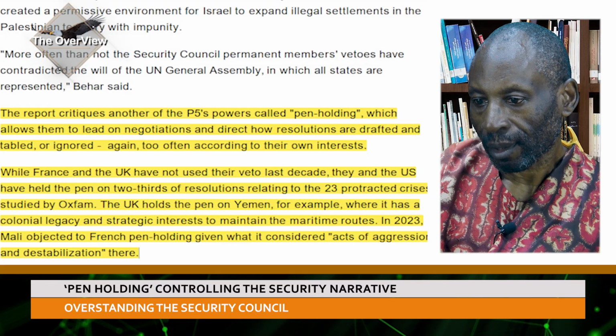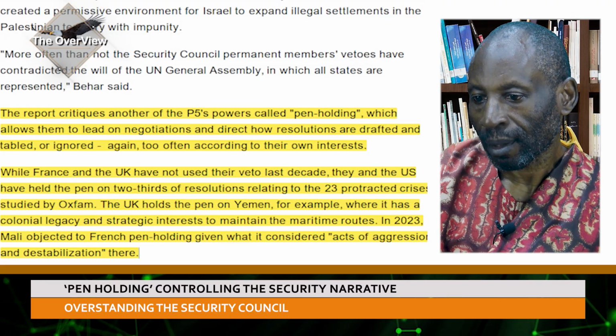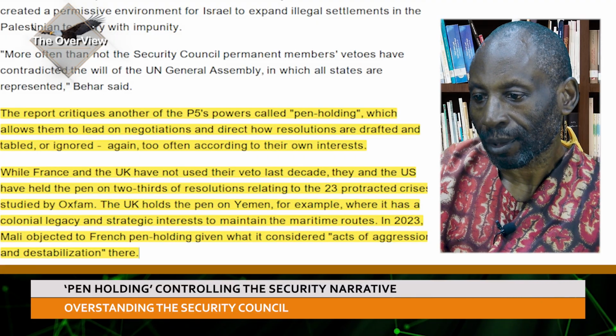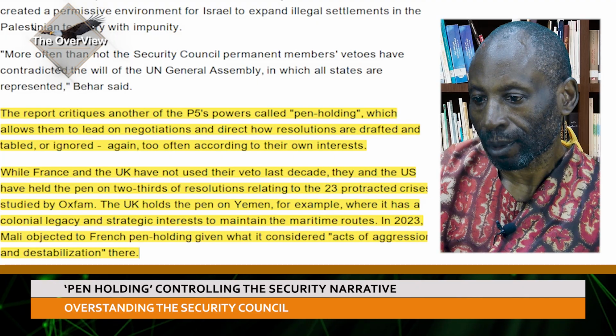The report critiques another of the P5's powers called pen holding, which allows them to lead a negotiation and direct how resolutions are drafted and tabled or ignored.